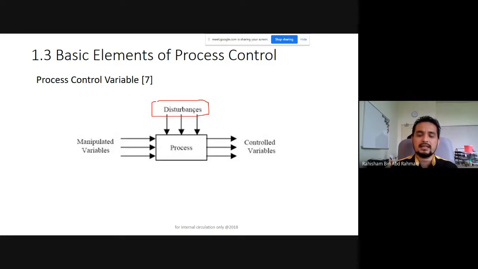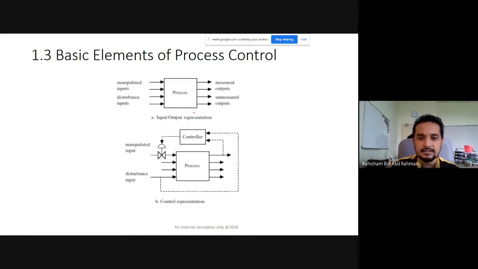So that is something that we cannot avoid, we cannot eliminate during the process. That is what we call disturbance. But there is a way for us to address or to tackle the problems. Okay, let's see later.